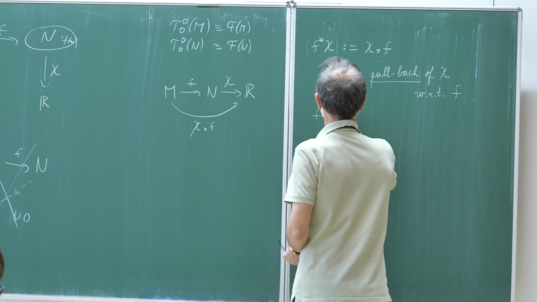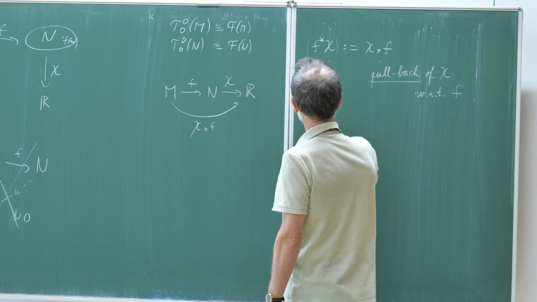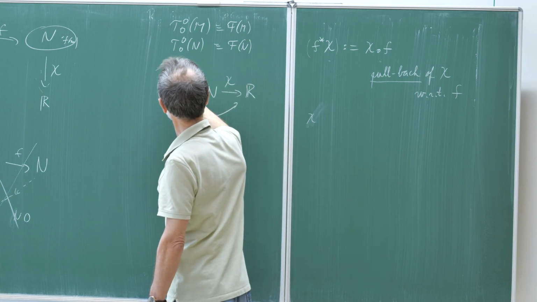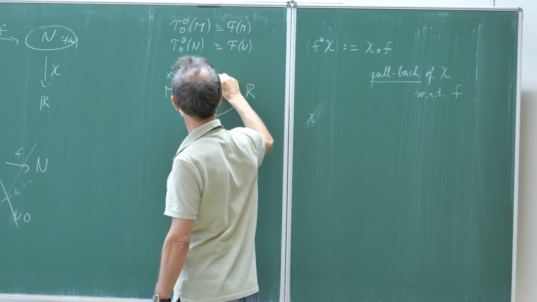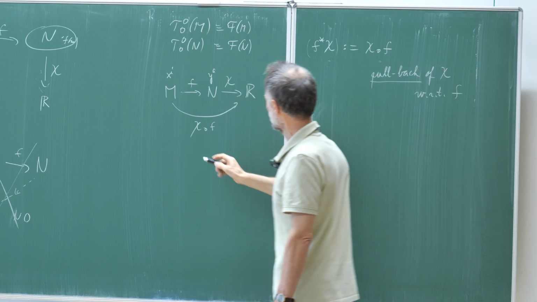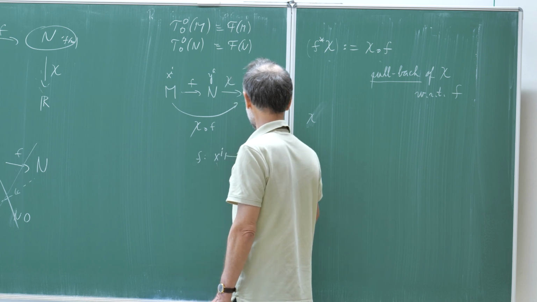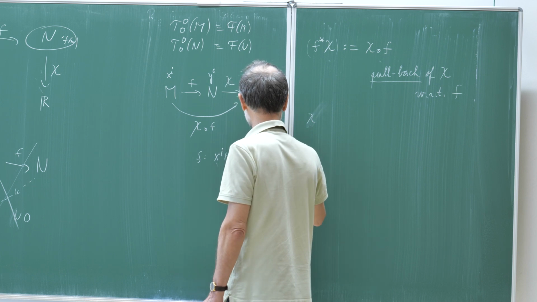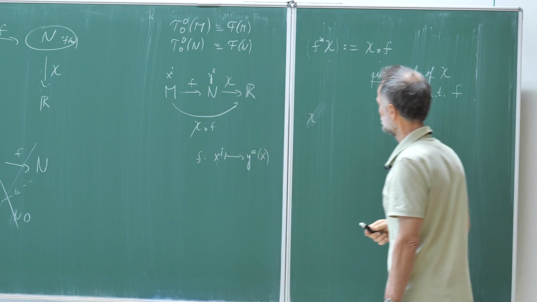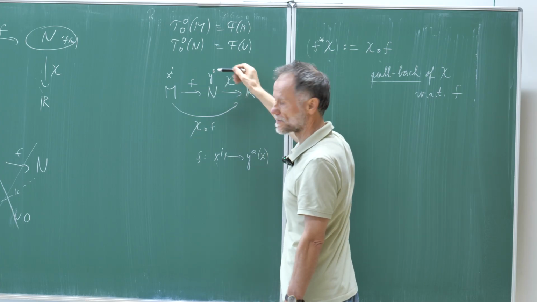first, what is the coordinate presentation? Because chi lives on N, so imagine that here are x's and here are y's, possibly a different number. So f in coordinates is x_i goes to y_a(x). This is the coordinate presentation of the mapping. Now, chi lives on N, so it is a function of y's, naturally.